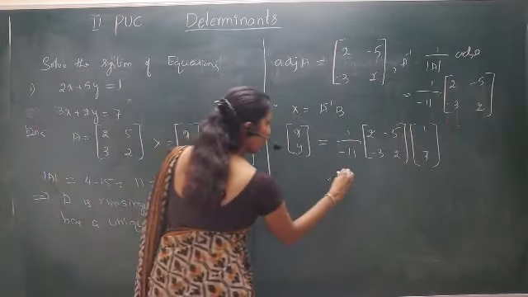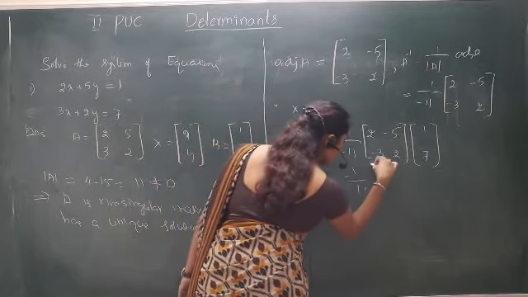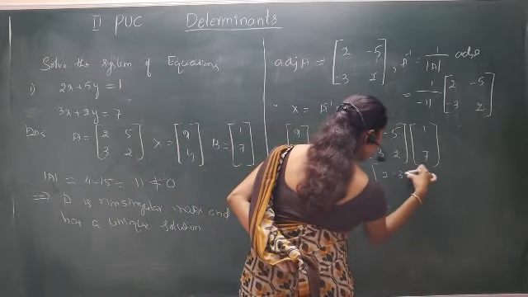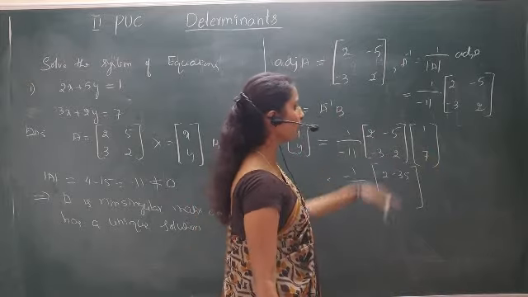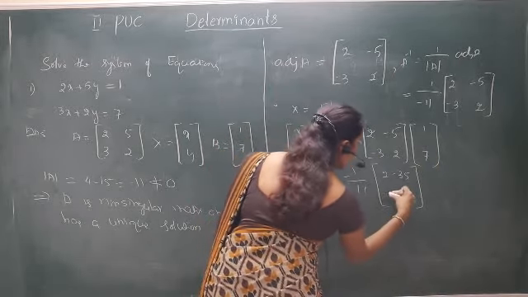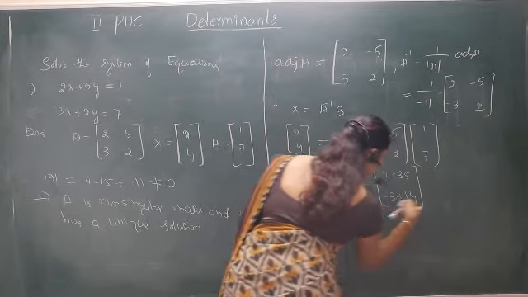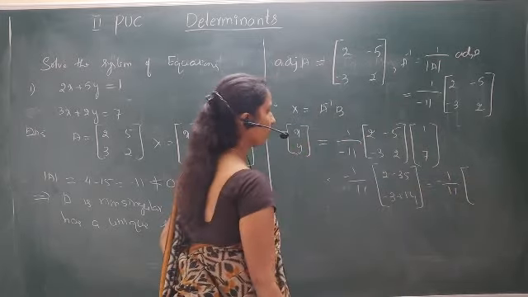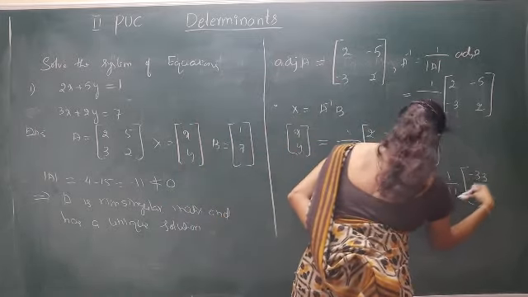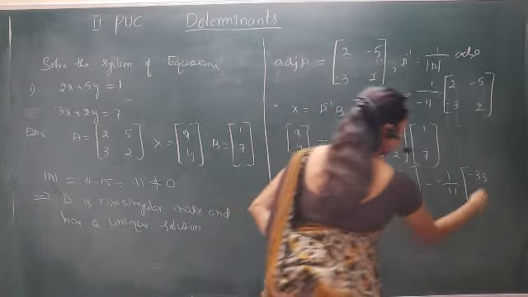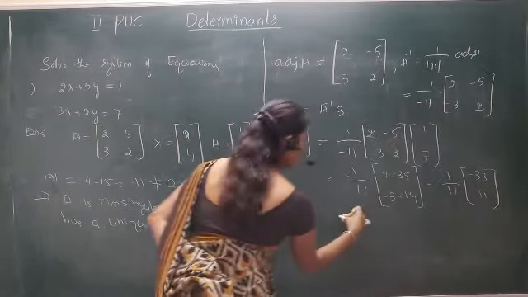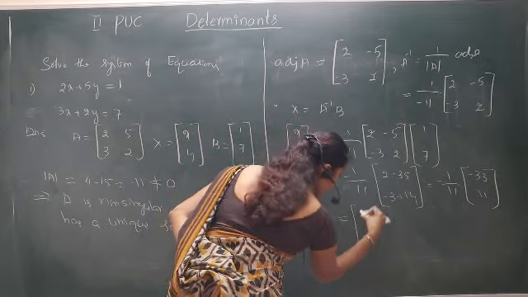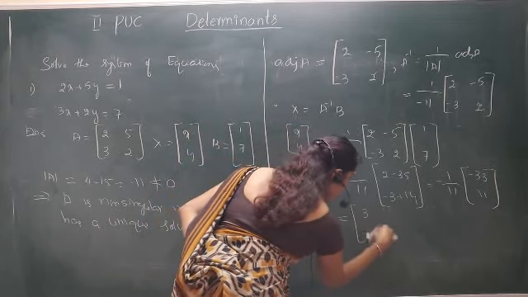So this will be equal to minus 1 by 11 into a matrix: first row, 2 minus 35; second row, minus 3 plus 14. This is minus 1 by 11 into minus 33 and 11. Dividing by 11, we get 3 and minus 1.